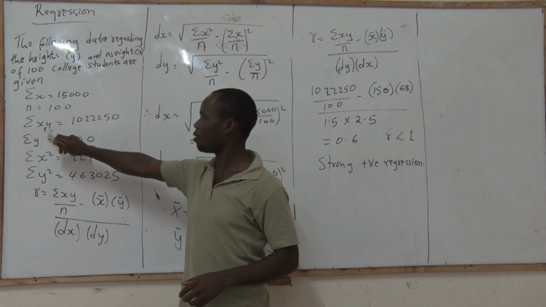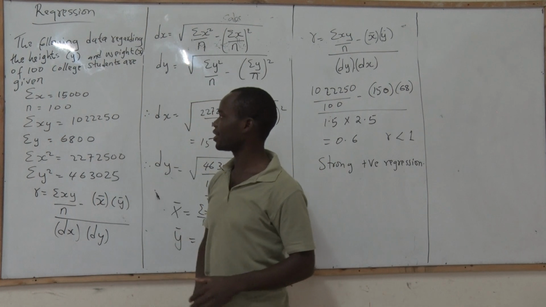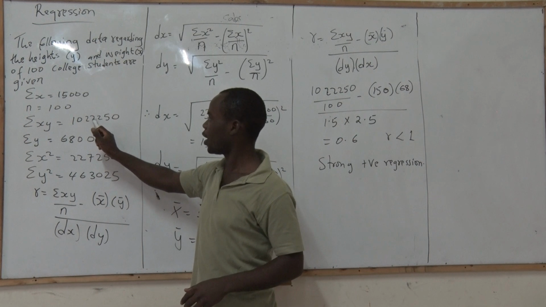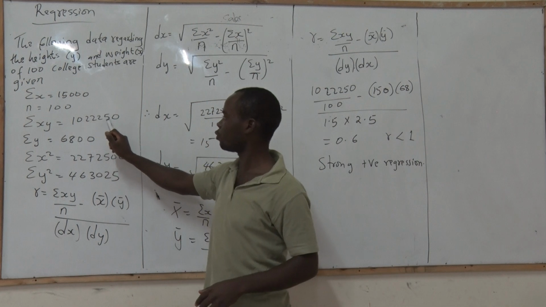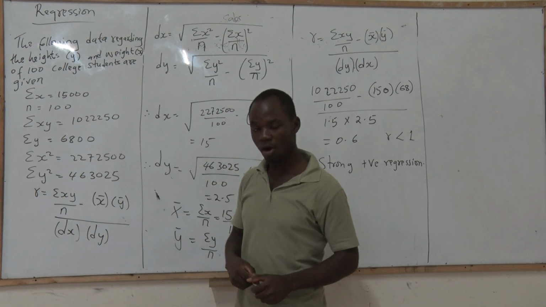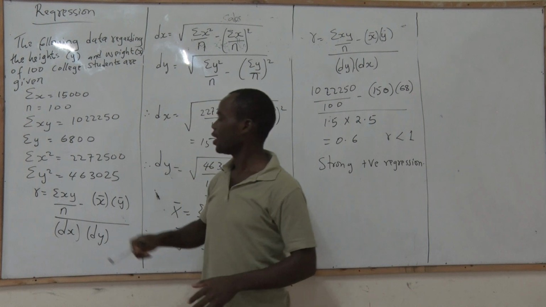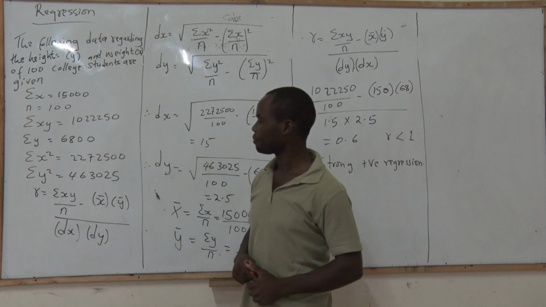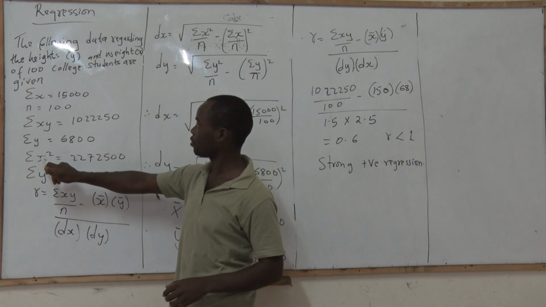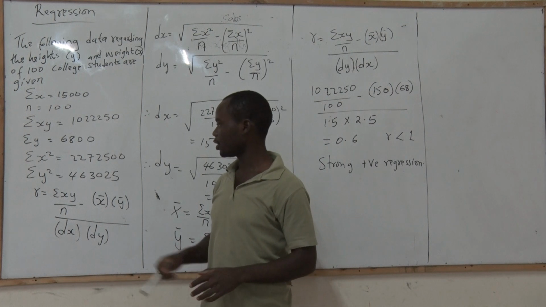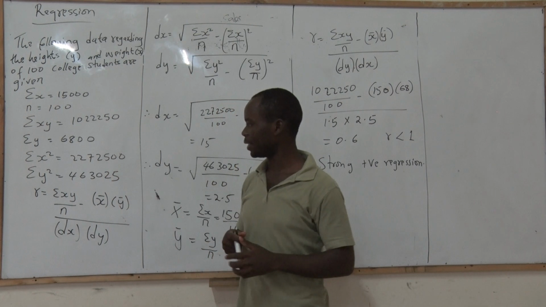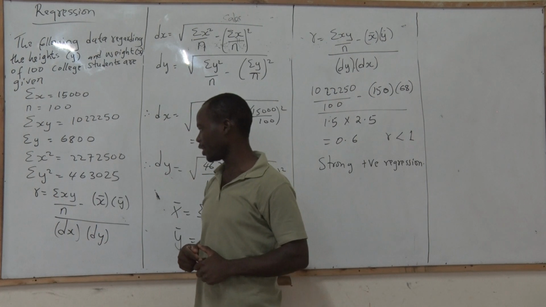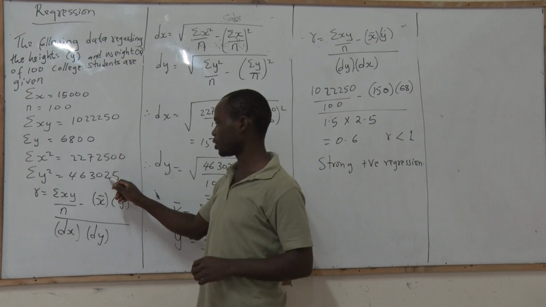The sum of the product of X and Y, that's the product of height and weight, is 10,222,250, and the sum of the heights is 6,800, and the sum of weight squared is 22,500, and the sum of height squared is 46,30,25.